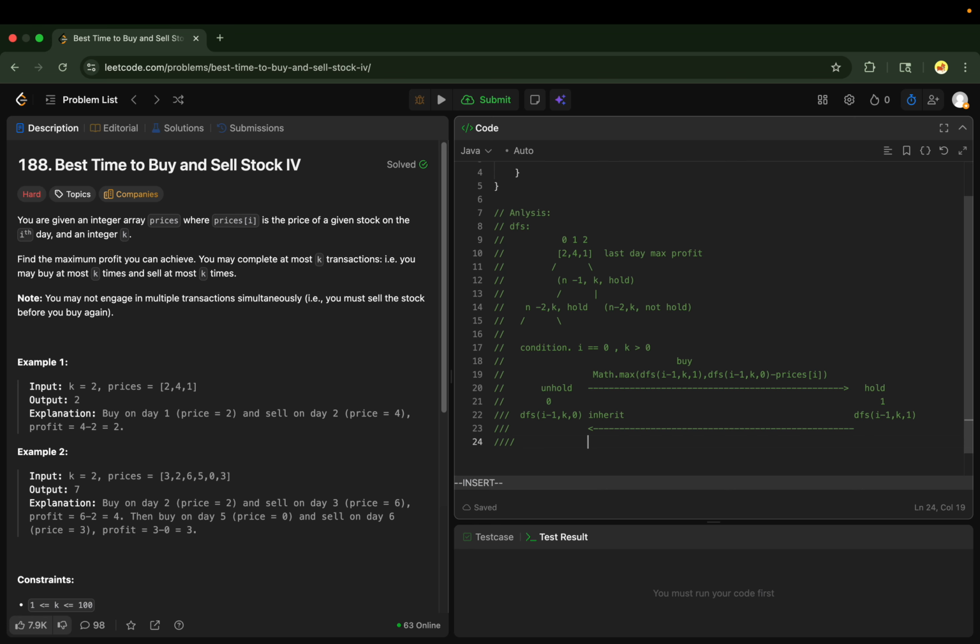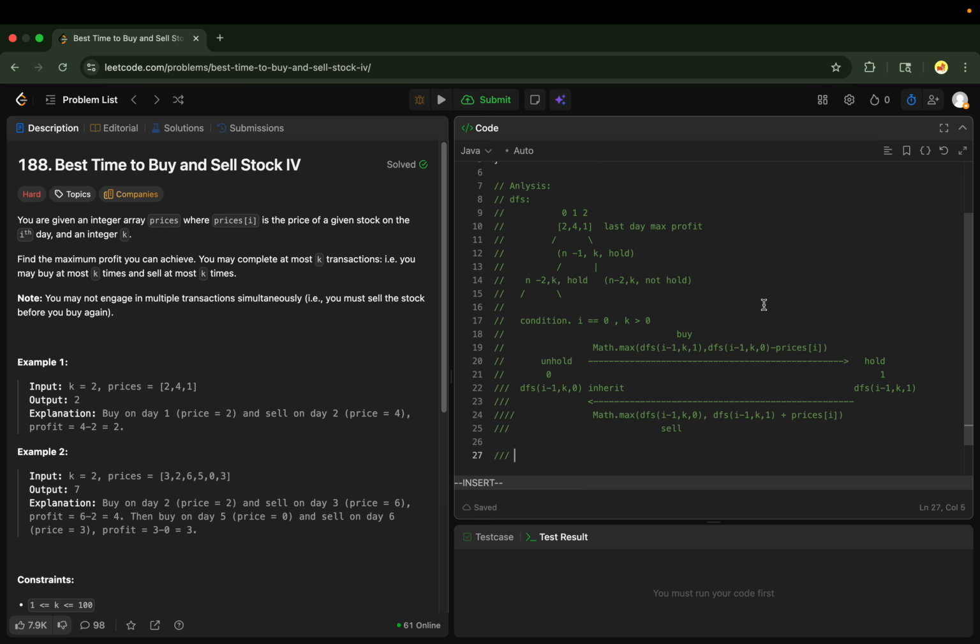For sell, we also take the maximum, like DFS i minus 1, which just means inherit, and also DFS i minus 1 with k minus 1, and this is where we sell it, meaning 0.